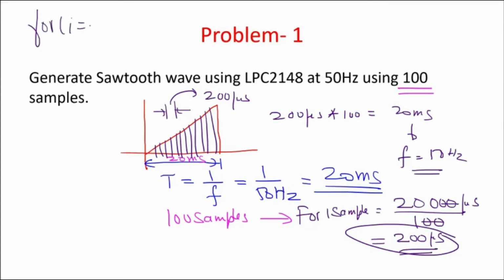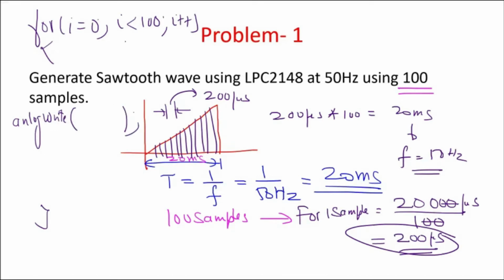For i equal to 0, i less than 100, i plus plus. I am calling the analog write function and I am passing a parameter of i into 10. So if i is equal to 0, I pass 0. If i is equal to 1, I will end up sending 10.